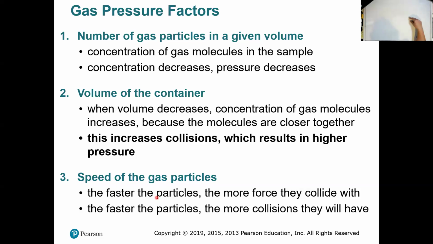But additionally, the faster that particles are moving, the more collisions they're going to have numerically, because they're going to get to the walls of the container faster. And so the faster the particles move, again, the more collisions they're going to have and the higher those pressures will be. Okay, so those are the main factors that are going to affect our gas pressure.